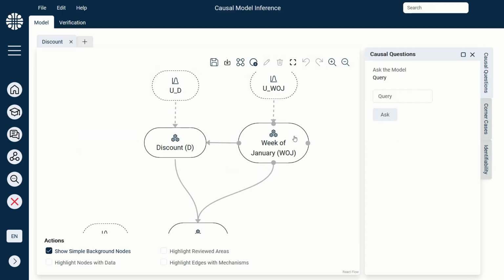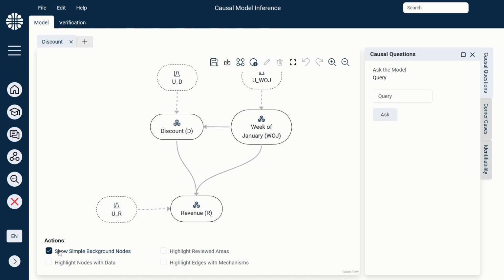I'll start with the feature Causal Questions. These are plain probability queries that you type into the query field on the top right. Let's start by simply requesting a sampled probability distribution for revenue.